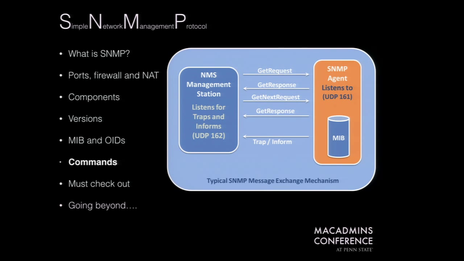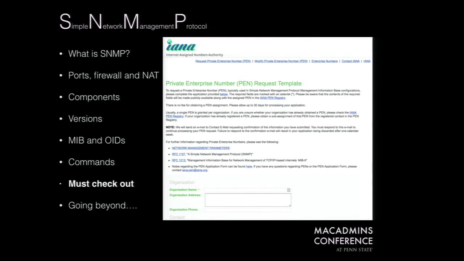Informs and responses are for traps, information being passed on one way. Also, in the tree, there are standards, RFCs. So there's a certain part of the tree you can change if you want. Not recommended, it will conflict with some other stuff.